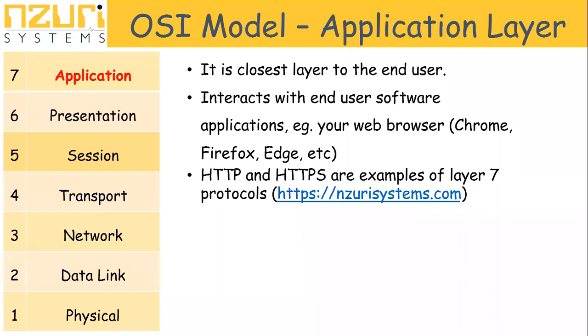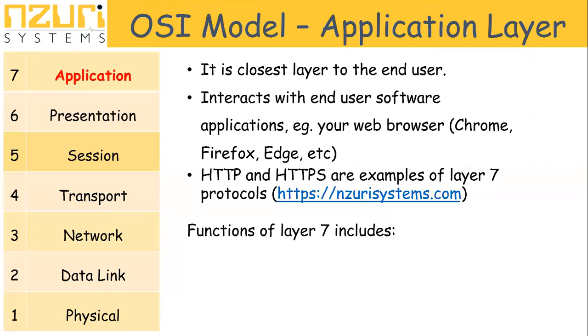Anytime we say application layer, we are not referring to the softwares, in as much as we say it is closest to the end user. They're not the softwares you interact with, but rather the protocols that the softwares initiate, like your HTTP and all the other ones. One of your assignments would be for you to look out for a couple of application layer protocols for me. That would be an assignment for you to do. Right. I hope that is clear.